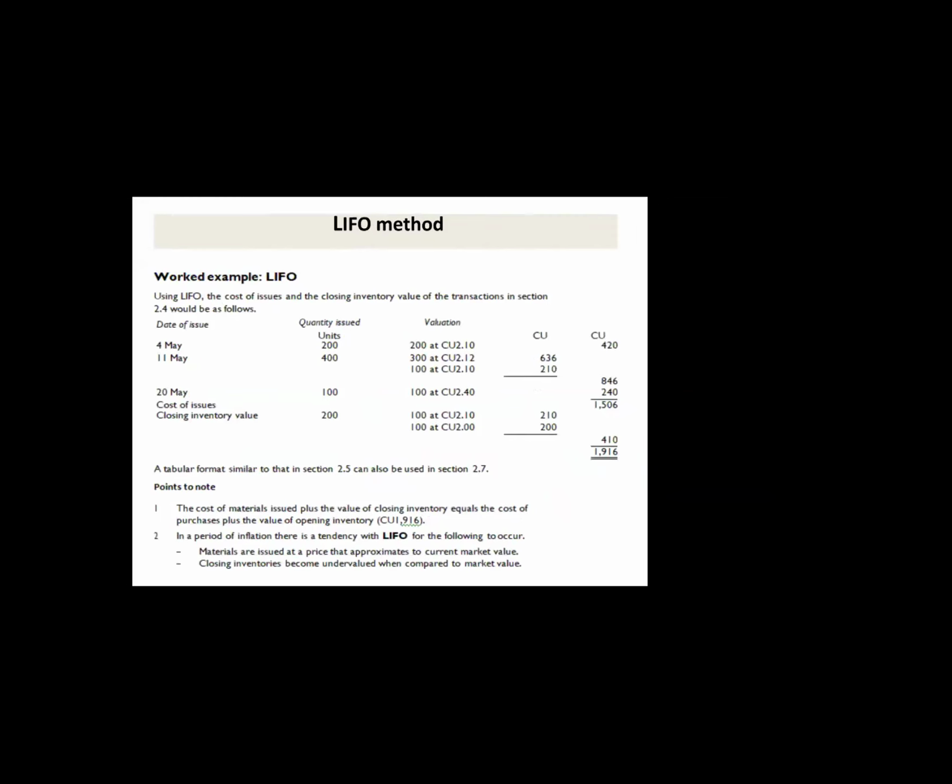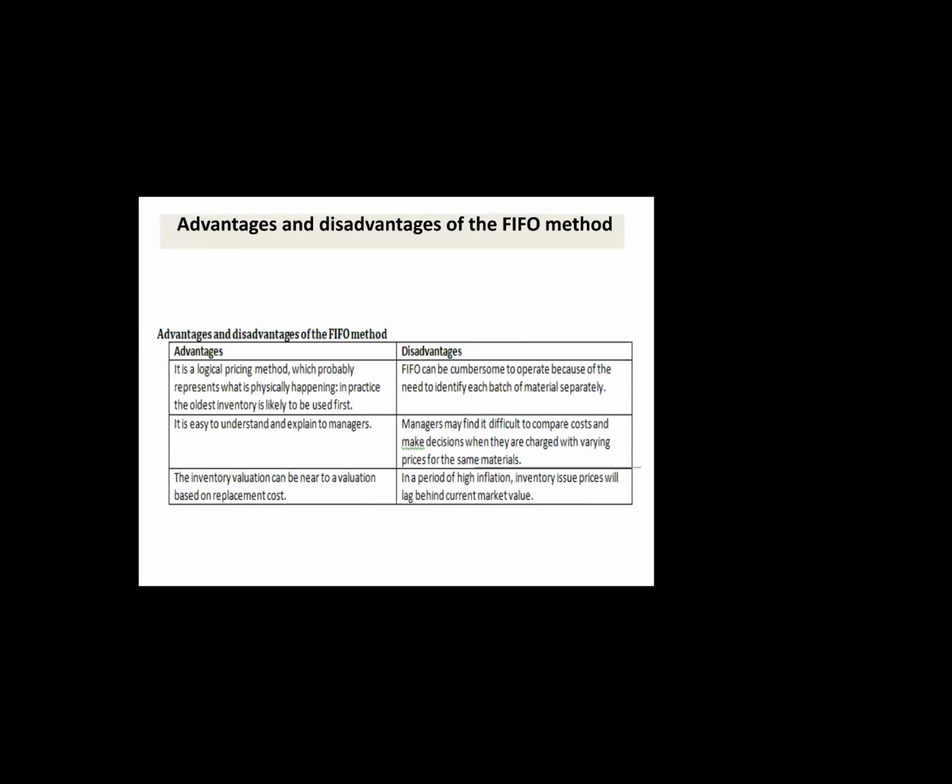And our issue cost is here: under 4th May, 200 at the rate of 2.10; 11 May 400, so 300 at the rate of 2.12 and 100 at the rate of 2.10; in 20th May, 100 at the rate of 2.40. Total cost of issue is 1506 and our total cost including inventory is 1916.